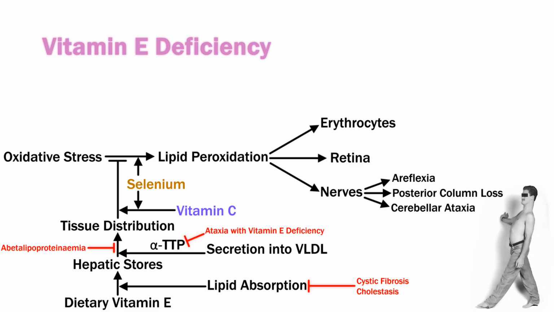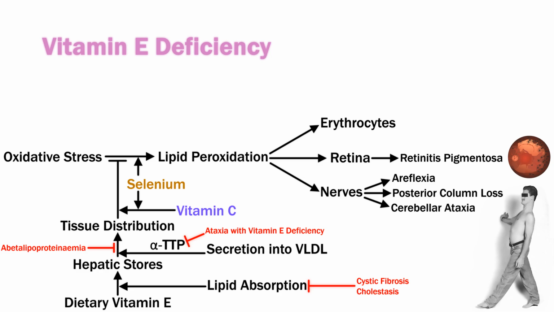It's worth mentioning that the neurological symptoms take years or even decades to develop, as there's very little vitamin E turnover in the central nervous system. It also causes retinitis pigmentosa, which is a progressive cause of blindness that starts in the peripheries. This is relevant because if it's caused by vitamin E deficiency, it's potentially treatable.